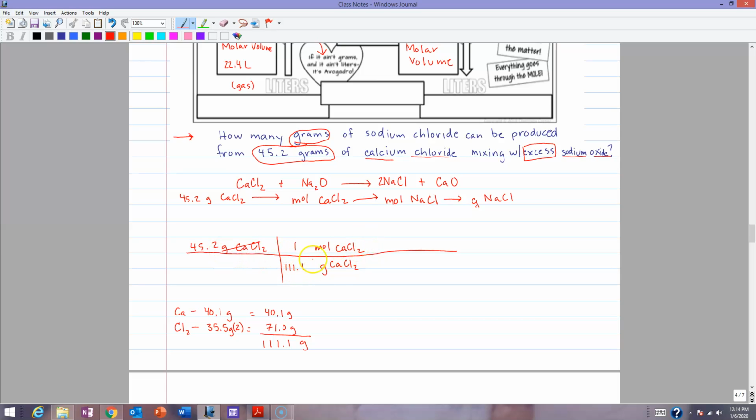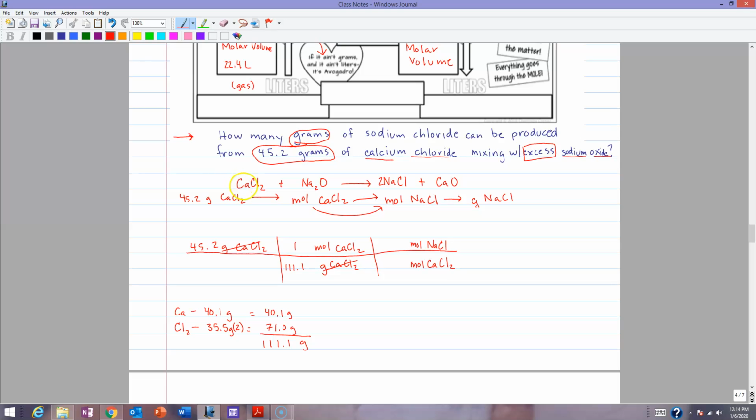This cancels out grams of calcium chloride. Now I'm going to carry down my moles of calcium chloride. And now I'm going from moles of calcium chloride to moles of sodium chloride. Whenever I have moles and moles, that's when I get the numbers using the coefficients from the balanced equation.